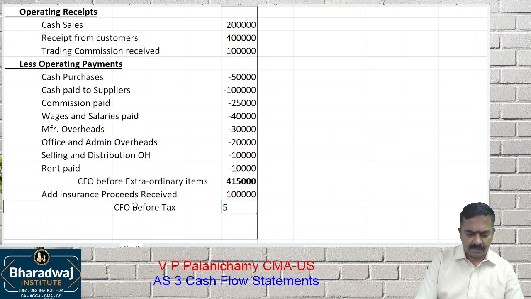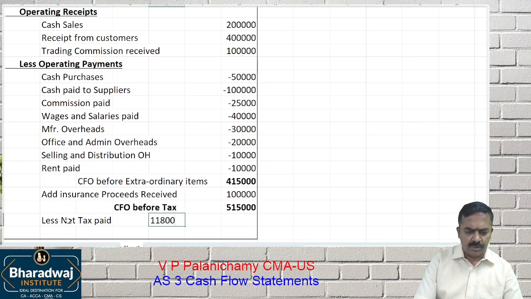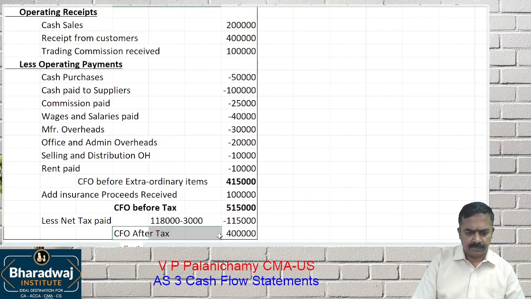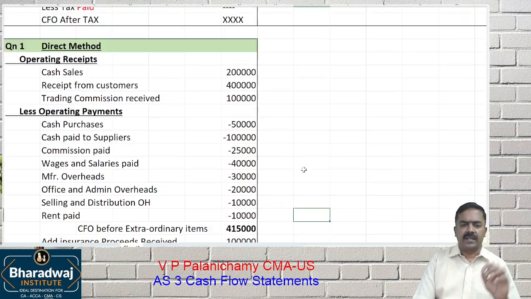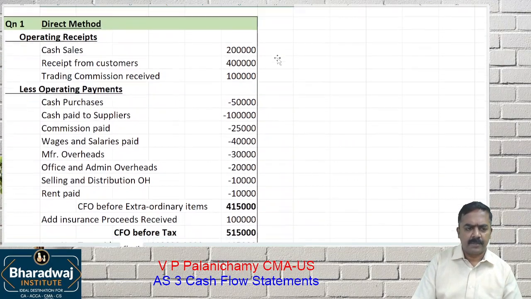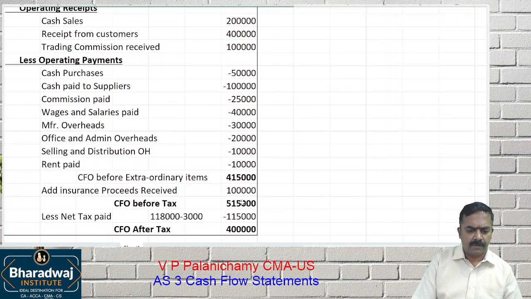CFO before tax, 5,15,000, less net tax paid. Out of 1,18,000, how much is refunded? 3,000 refunded, means how much is paid? 1,15,000. This will give us CFO after tax. This is what will be taken in the first activity, cash from operating activity. How much in this question? 4 lakhs.